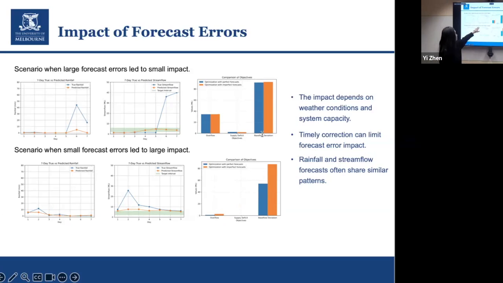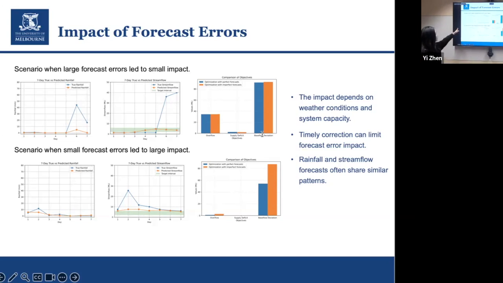Similarly for this graph, we have the actual streamflow versus the predicted streamflow. And this plot shows the objective values for optimization with perfect forecast in blue and imperfect forecast in orange. For these three measures, the overflow, supply deficits, and baseflow deviation, the lower the value, the better the performance.